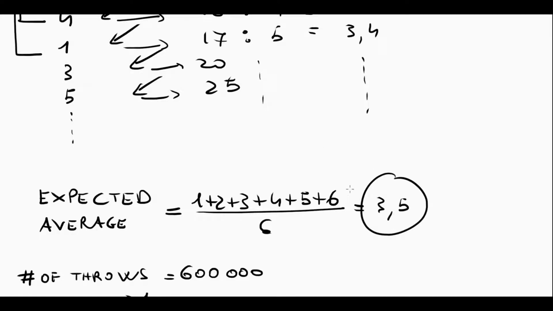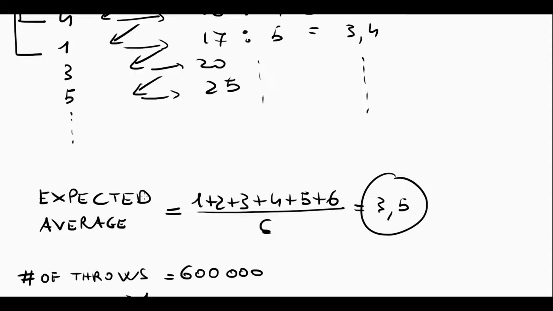That is simply the sum of the 6 different possible outcomes, because they are equally probable. They are equally likely to be obtained. So the expected average is just the sum of the possible outcomes divided by the number of outcomes.